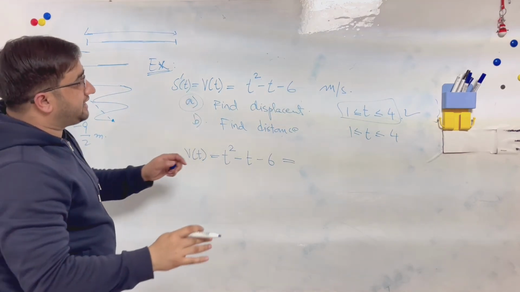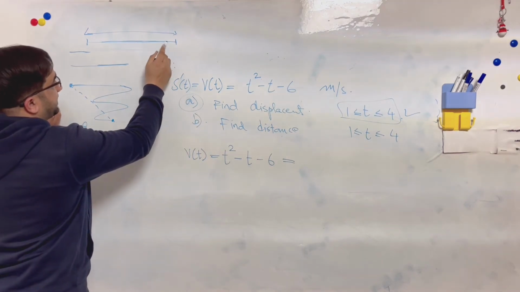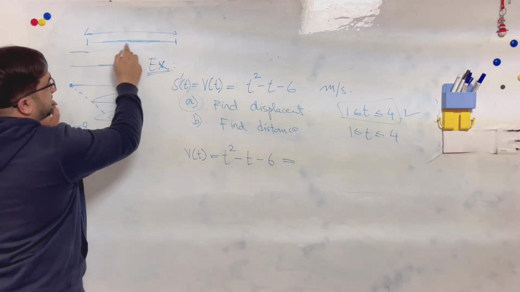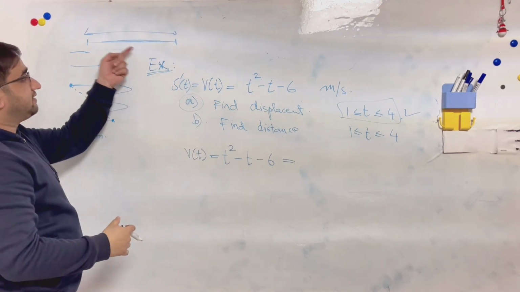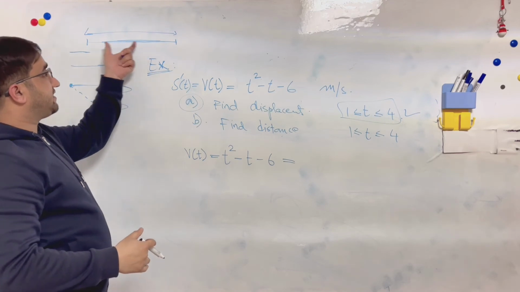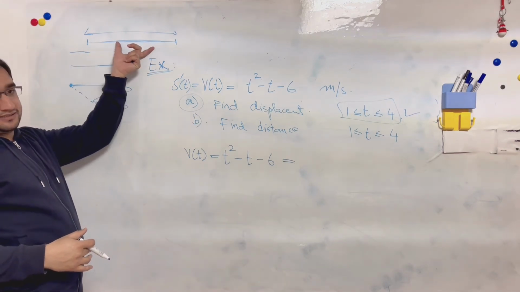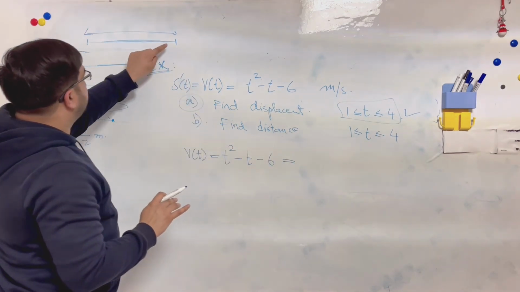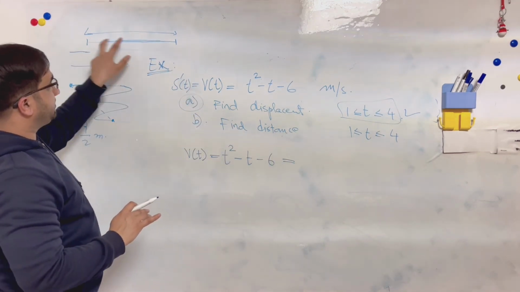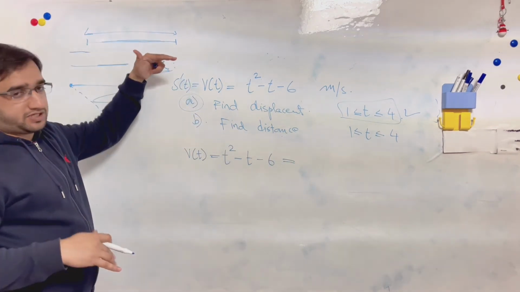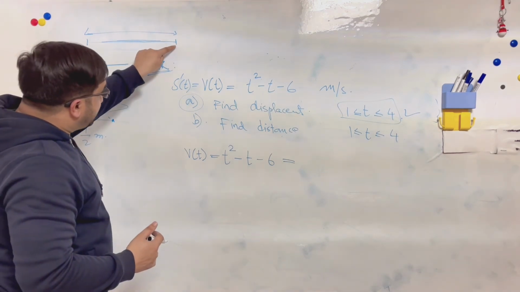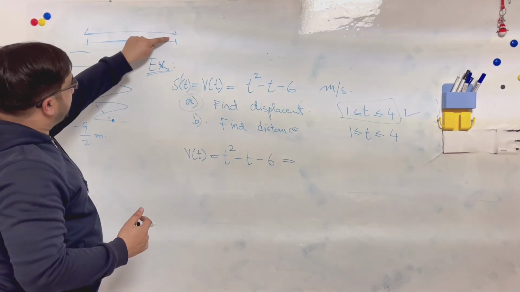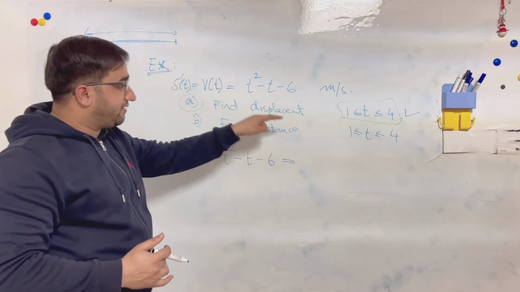But actually the particle moved a lot in between. So where is that distance which it traveled in between? You have to figure out that movement in the negative direction. Positive is okay. If the whole movement is positive, that's fine. But there is a negative movement which is not visible here on this line. So you have to figure it out.